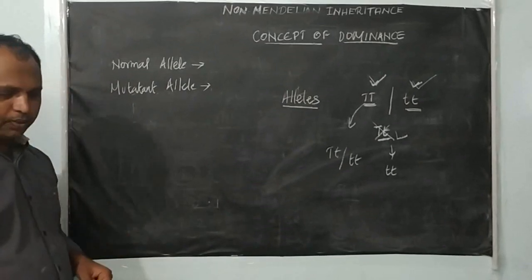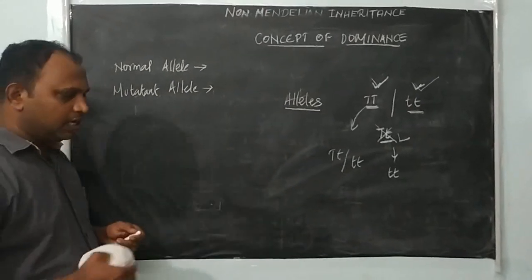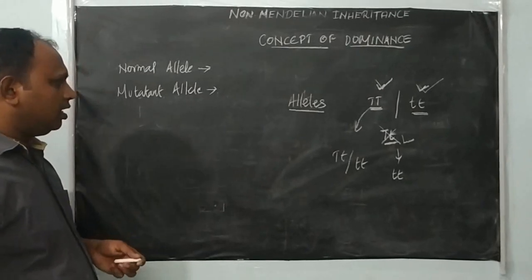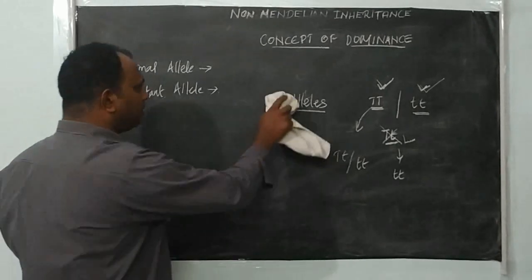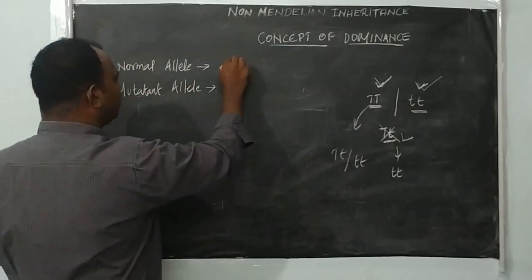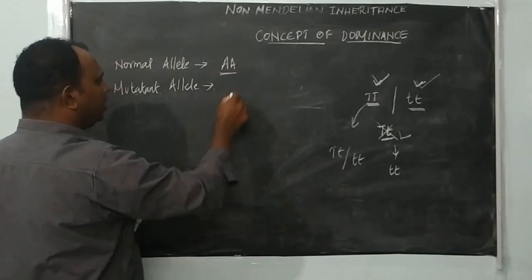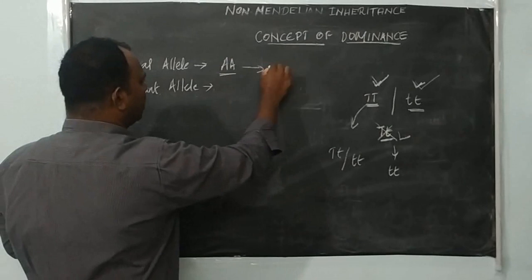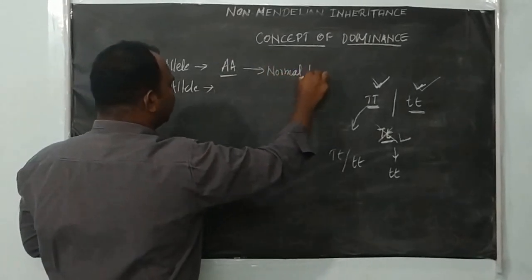For example, suppose we take one example here. One normal allele is there. That normal allele produces the enzyme necessary for the transformation of substrate into product. Here you can see there is one allele. This is a dominant allele, which produces one normal enzyme.